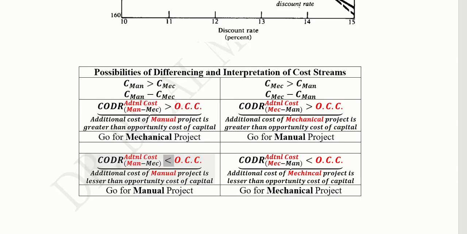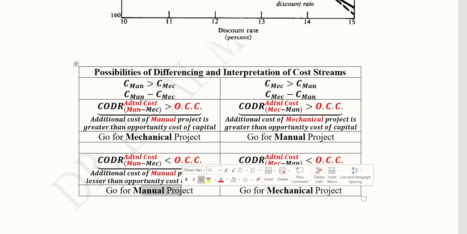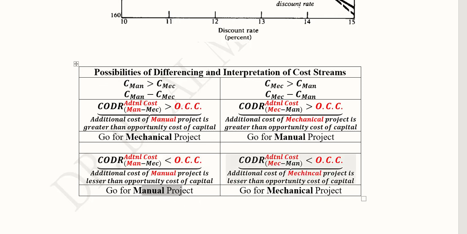Now, if it is less than the opportunity cost of capital, it means that manual is now cheaper than the alternative that we have, that is the opportunity cost of capital. So we should go for the manual technique. Here we are showing the preference for manual technique.